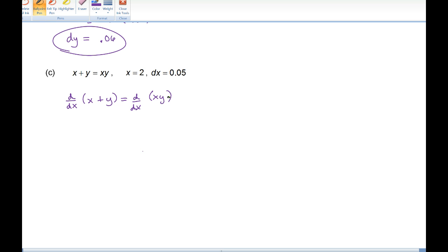Implicit differentiation is fine. So we get 1 plus dy dx, right? The derivative of x is just 1, but remember the derivative of y is dy dx. Now here we have to do the product rule. So it's going to be x dy dx plus 1 times y.